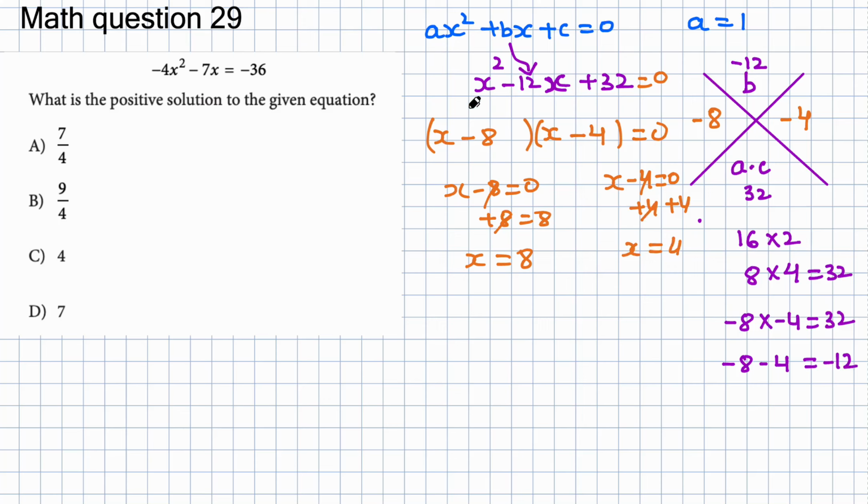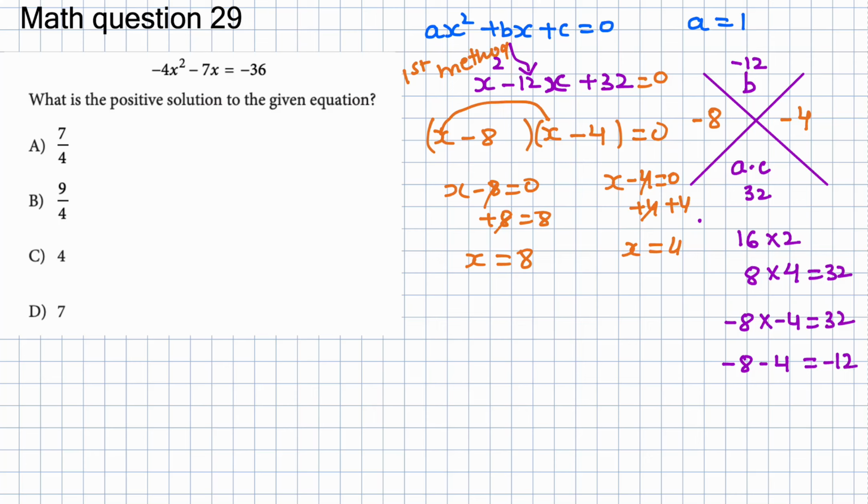The value of a is 1 here, and that is why it's quite easy: if you multiply x with x, you get x squared. But if this value is not 1, for example in our question, then it becomes a little bit tricky. So if this is the first method, let's learn another method too.